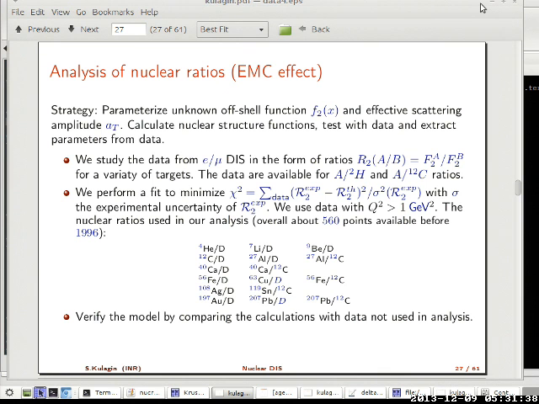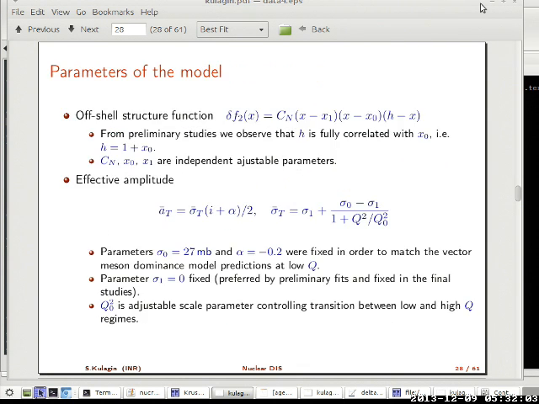So the off-shell correction is a kind of a structure function of the nucleon structure function. So if we parameterize it, then these parameters are universal for all nuclei. And in fact, it was possible. In fact, this is the model which was tried in this analysis.